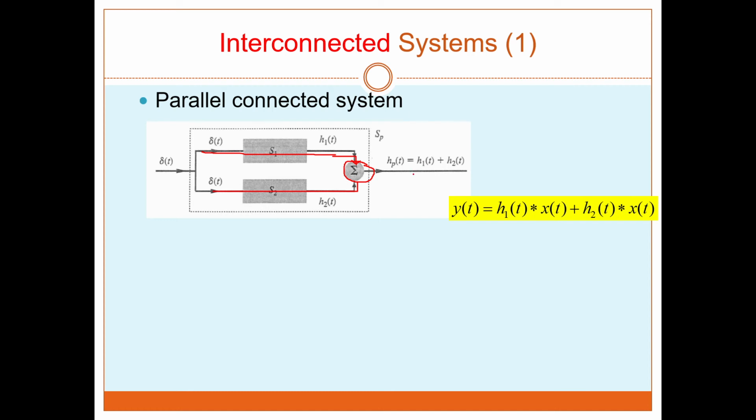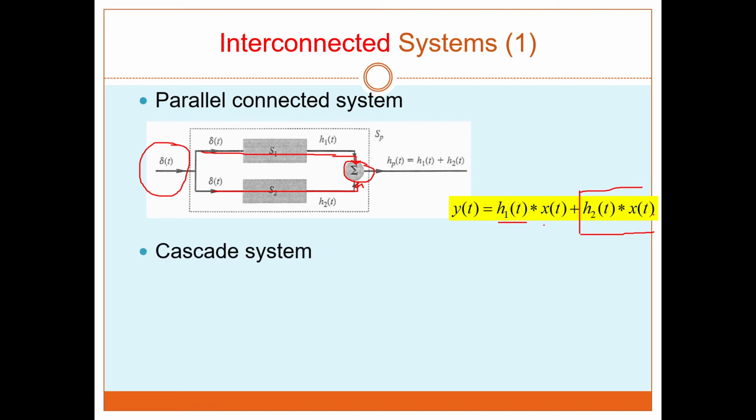So the total will be the first response h1(t) and the second one h2(t). The output will be h1(t) convolved with x(t), which is the input, plus h2(t) convolved with the input x(t).